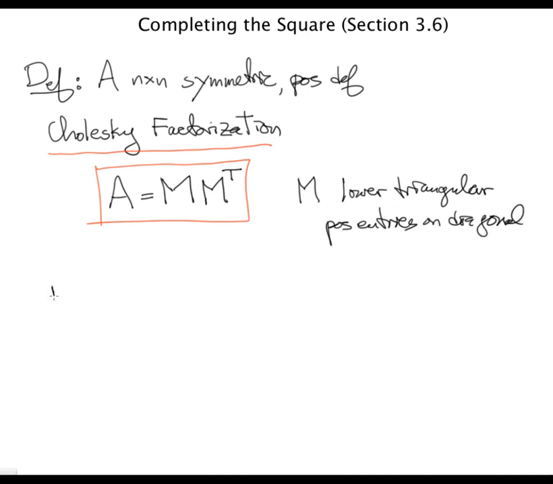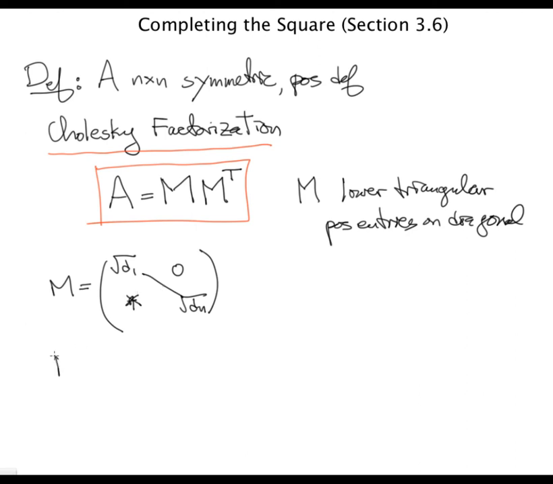So that is to say M is equal to square root of d1 through square root of dn, star, 0, where these are the square roots of the diagonal, the square roots of the pivots, as they say in the book, or the diagonal entries after you've diagonalized it.